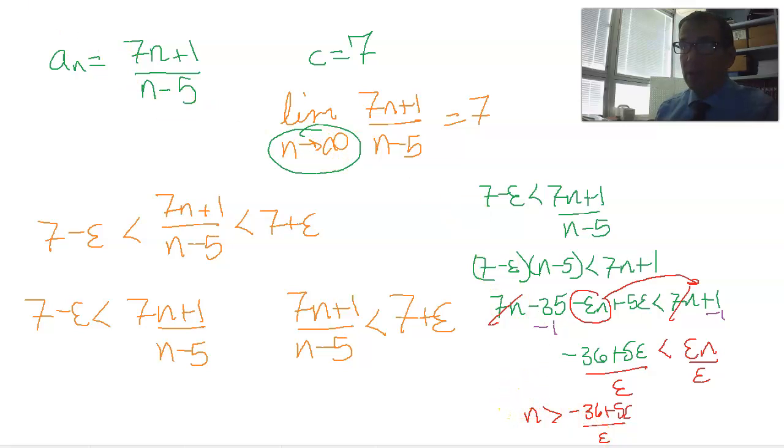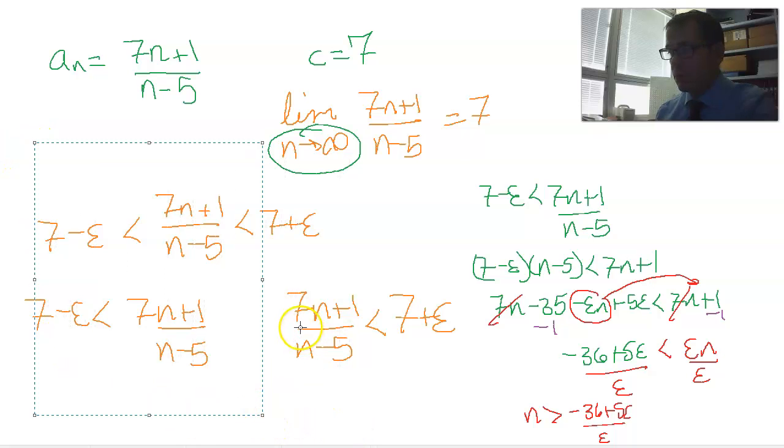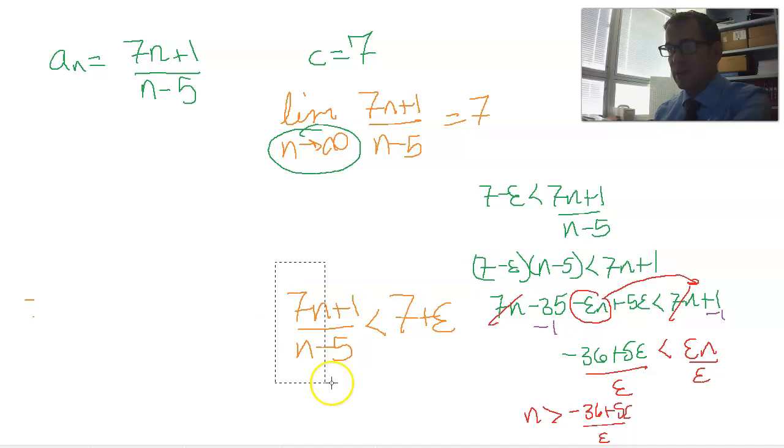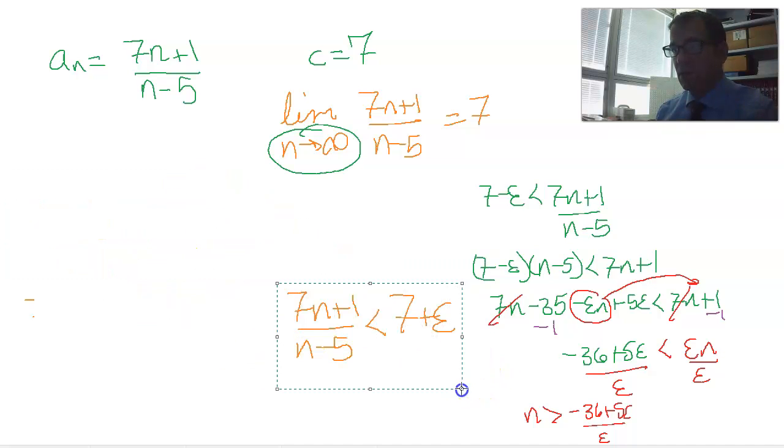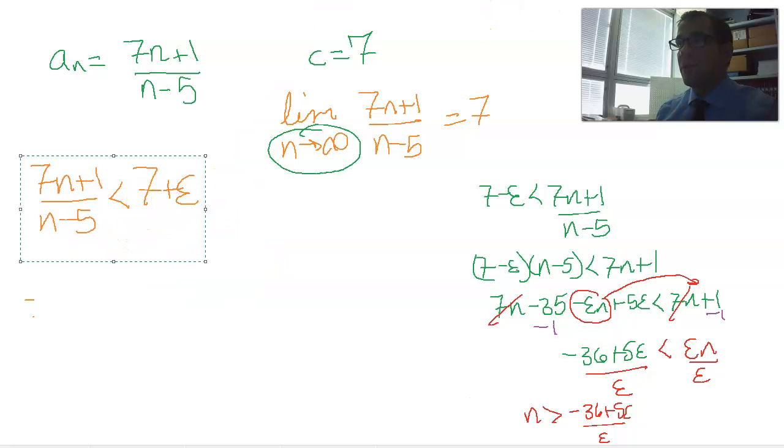So now, let's get rid of all this work. Let's take this little fella, move him over here. And we'll solve this part of things, and we'll do that in beautiful light blue. 7n plus 1 less than.